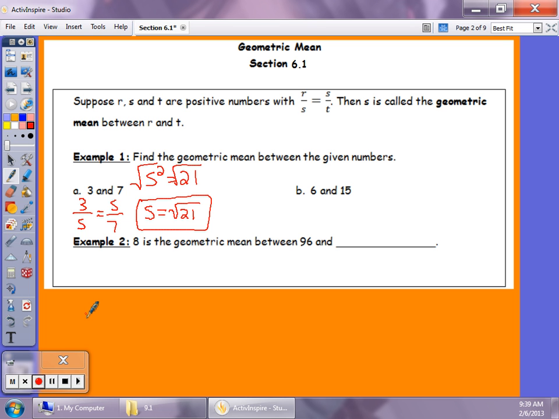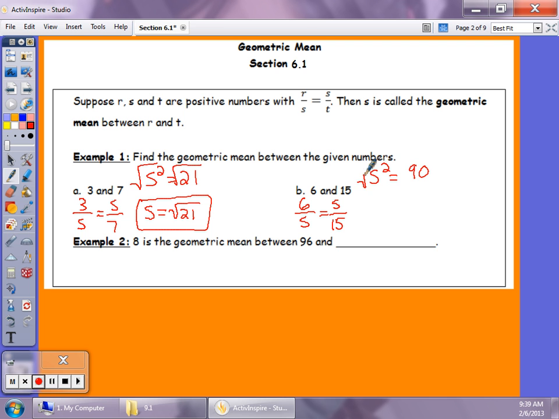For the second example, we're going to let 6 and 15 represent r and t, and again, we're going to find s, which is the geometric mean. So if we take 6 over s, set that equal to s over 15, if we cross multiply, we have s squared equals 90.